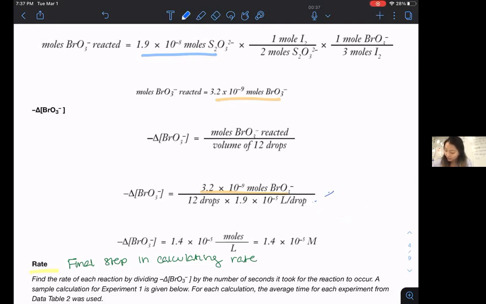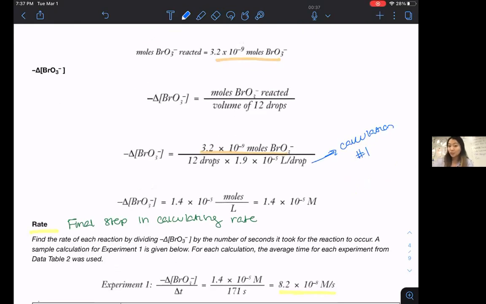Then you use this from calculation 1 in order to find the change in bromate, because you're basically diluting it. So you're finding its molarity with respect to how much you diluted the sample. And you have a really small sample, so you definitely shouldn't have a very strong molarity at all. You're using these tiny little microplates. So then you get the change in bromate ion molarity.